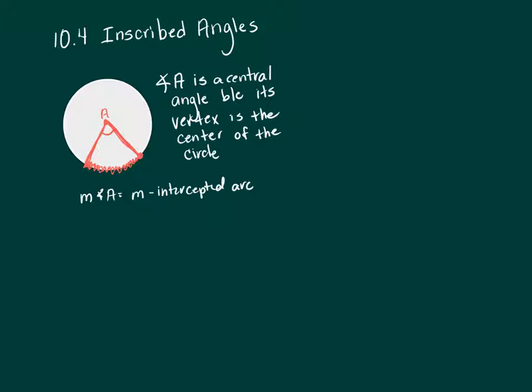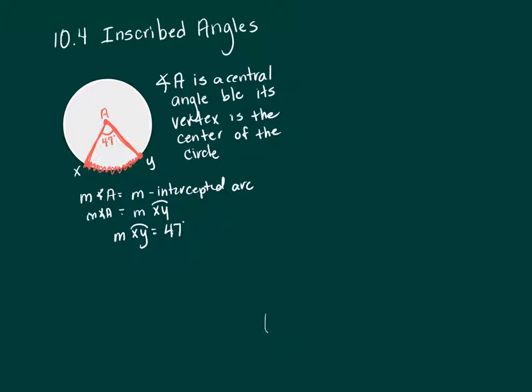If my central angle has a measure of, let's say, 47 degrees, then that means that my intercepted arc, let's just call it from X to Y, then that means that the measure of arc XY is also 47 degrees. And that's something we've done before.